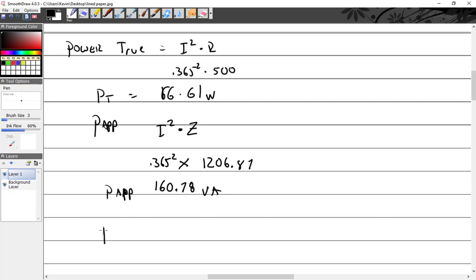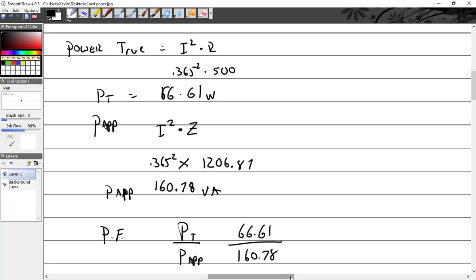So now we can do power factor, which is power true divided by power apparent. Power true is 66.61 divided by power apparent, 160.78. What if we get a 0? It can't be 0, it's never going to be zero.